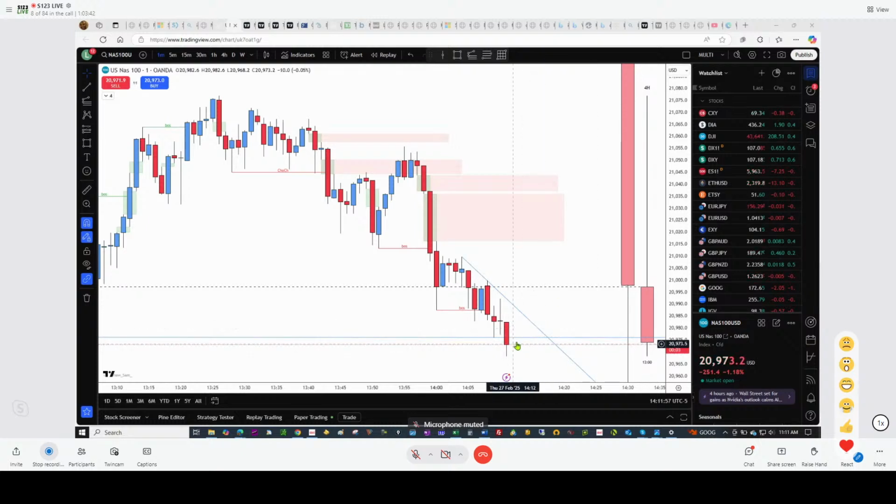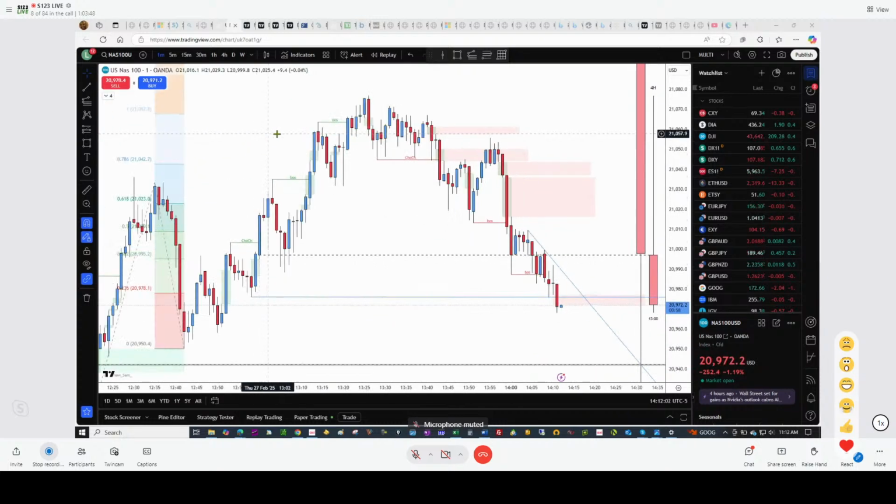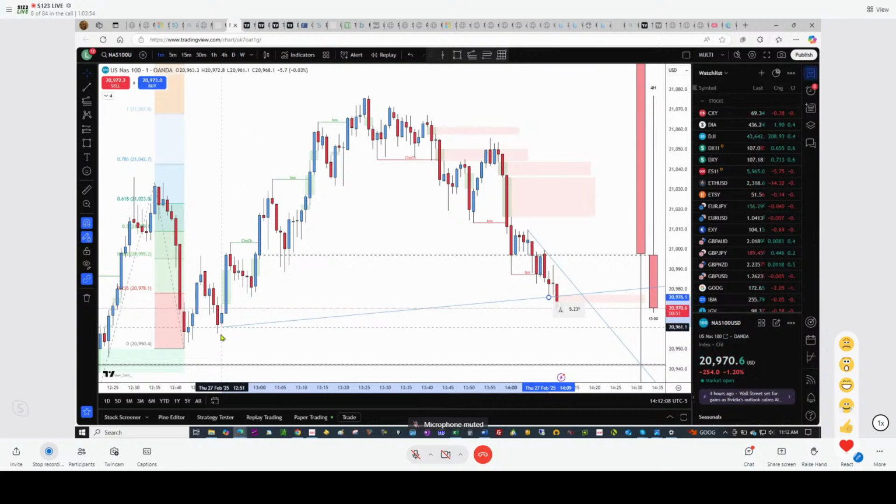Okay, just looking to see if we get a fractal here. So now let me make this smaller again. So our trend line now has changed. We have to move it to the previous low trend line because we have broken that one. And now this one could move to possibly here if we get a fractal.